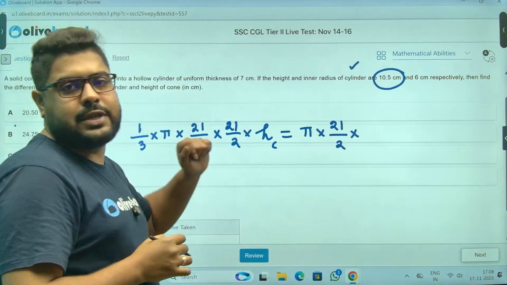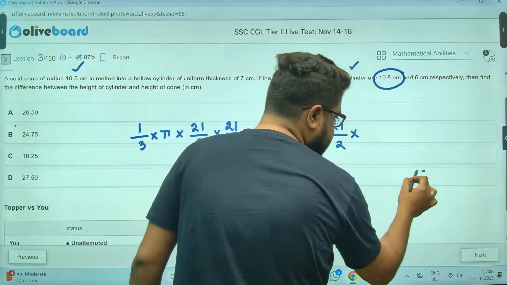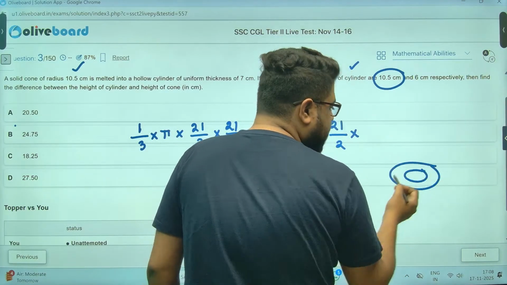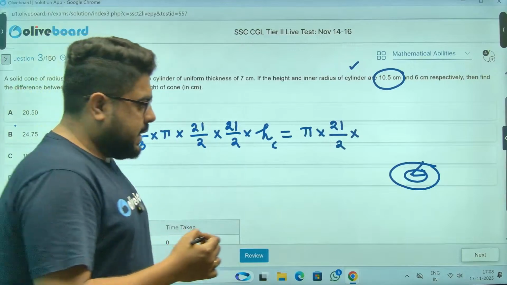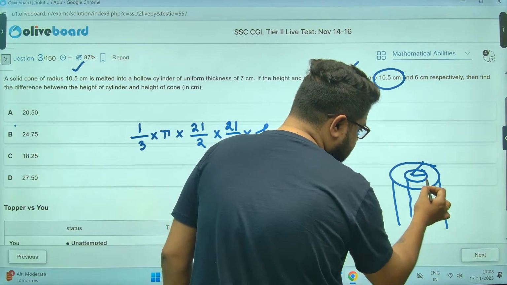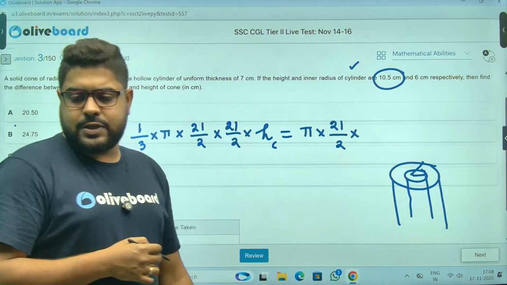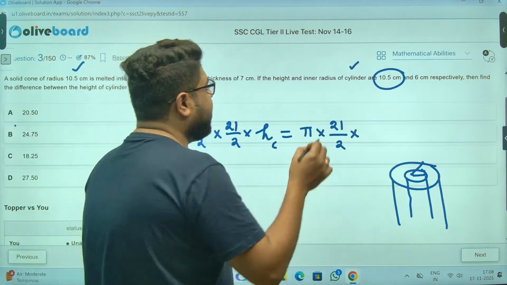Here it's a hollow cylinder, so I need to take capital R square minus small r square. We all know this is how a hollow cylinder looks.